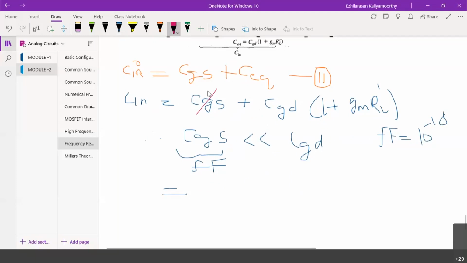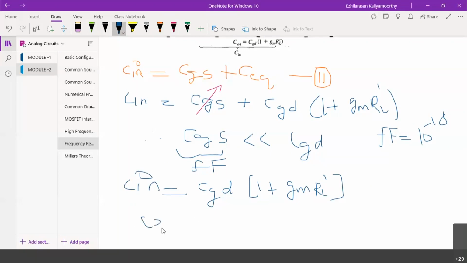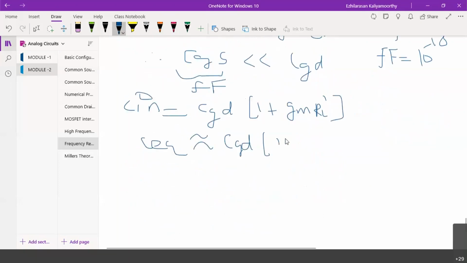Automatically, Cin is equal to CGD into 1 plus gm RL dash.